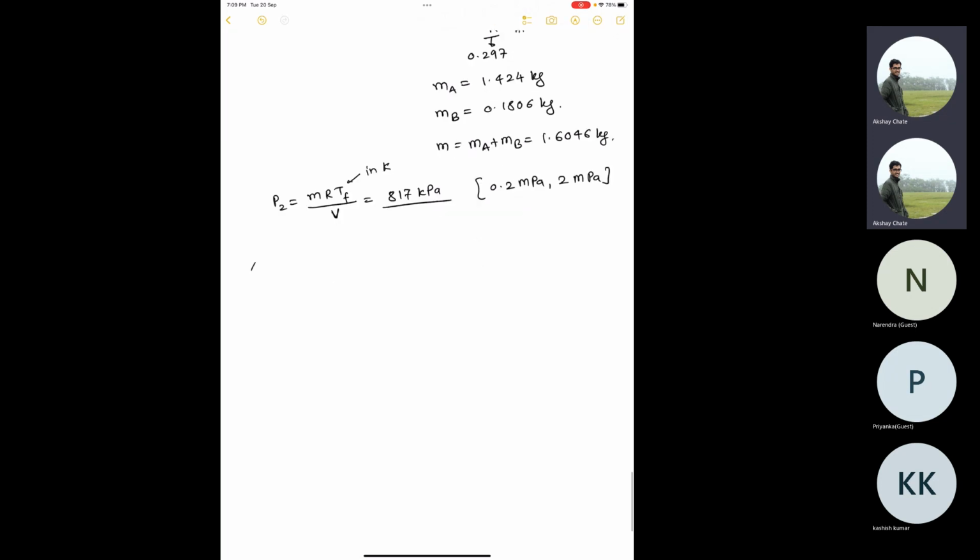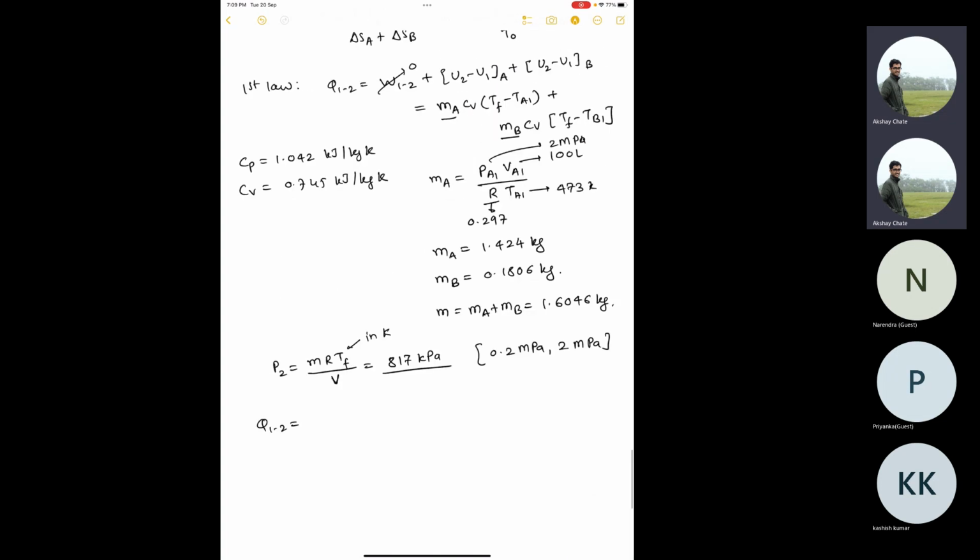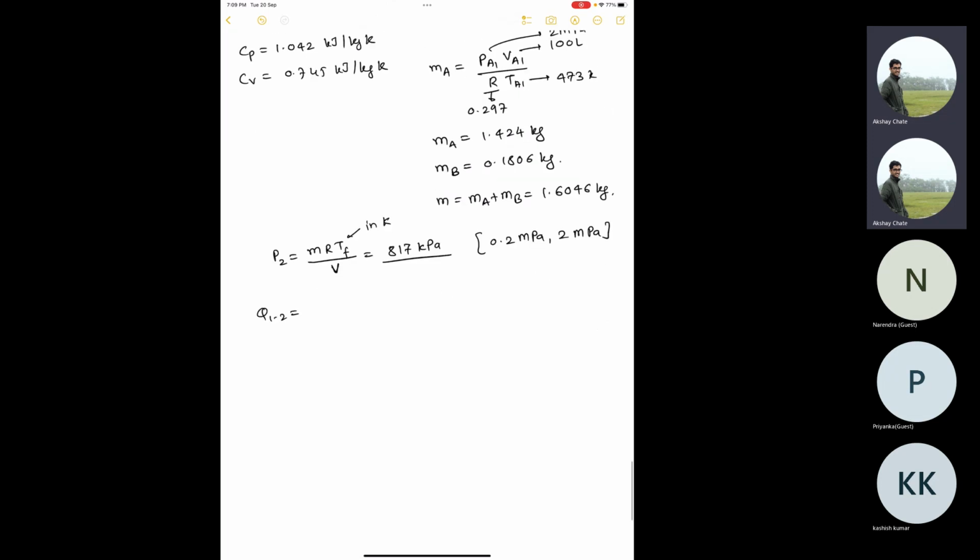Now the second part, which is delta S. Oh sorry, before going there, you can calculate Q also right here. Now you know MA, MB, you know all the temperatures, and the Cv value is also known. So you need to put it in that formula, and you'll get Q2 as minus 141.95 kilojoule.